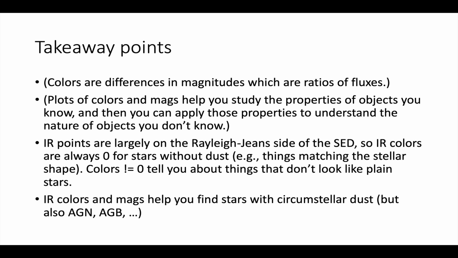In other words, things that match the SED of a star without dust. Colors that are not 0 are going to tell you about things that don't look like plain stars, like stars with dust. The infrared colors and magnitudes really do a really good job of helping you find stars with circumstellar dust, but it will also help you find active galactic nuclei and asymptotic giant branch stars and other contaminants.